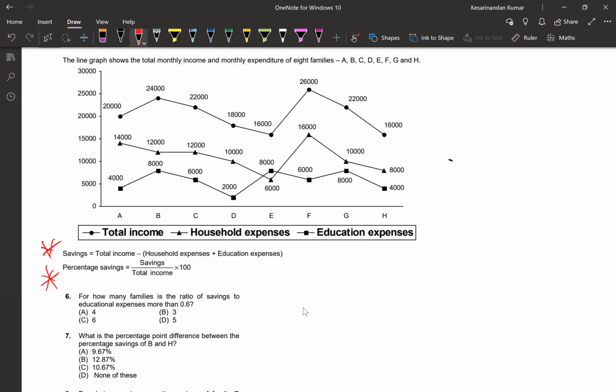Yeah, Anshula, correct. Kesari, my seventh is correct.